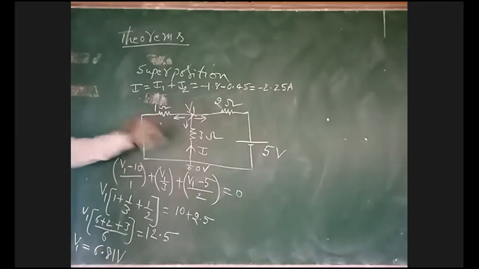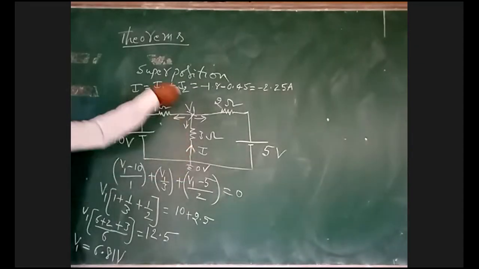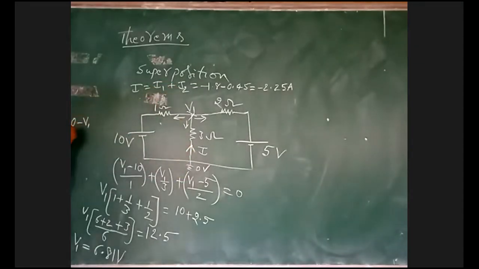Now I want the current in 3 ohms. Current in 3 ohms, I is equal to, see, the arrow is in the upward direction. That is 0 minus V1 by 3, that is 0 minus 6.81 by 3. We'll get minus 2.25 ampere.